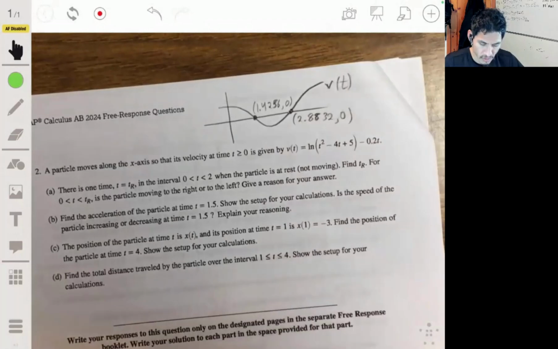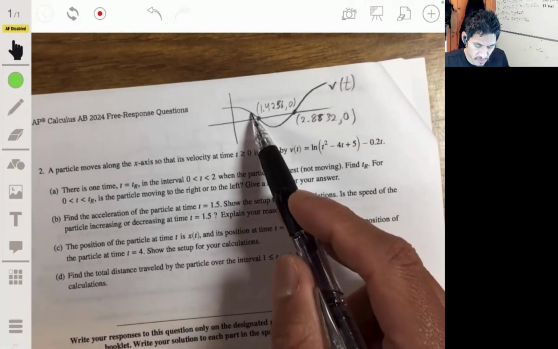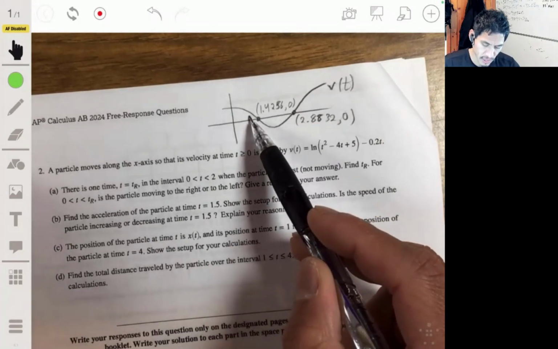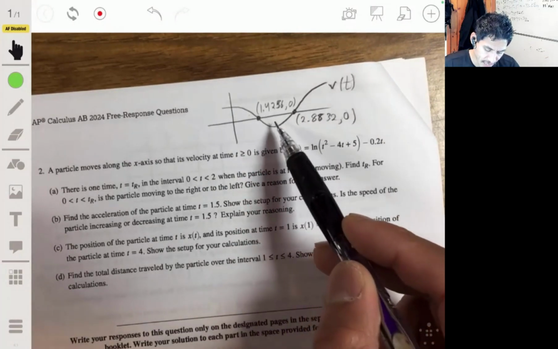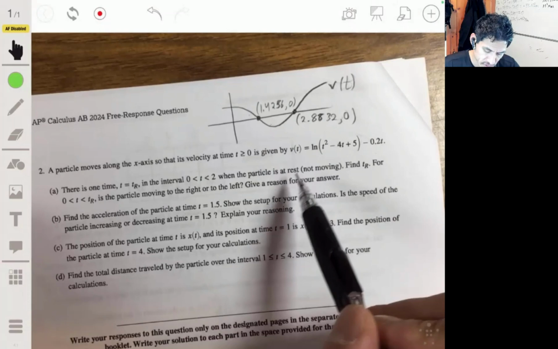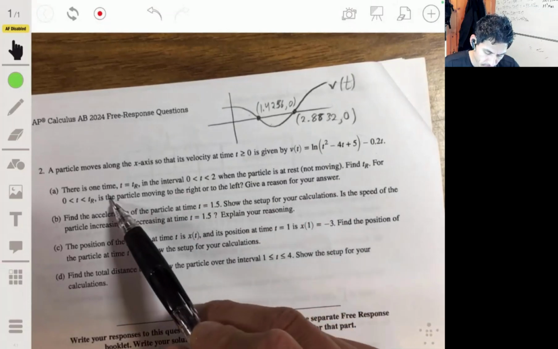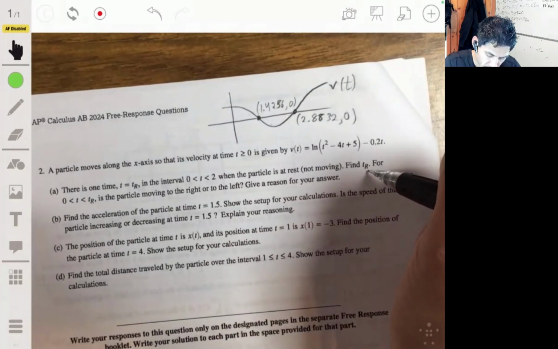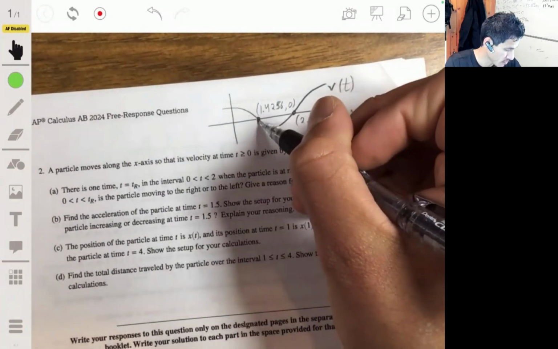Now, since it's positive before and negative after, that means it was moving to the right before and then moving to the left after. So before this point, it was moving to the right because it was positive.